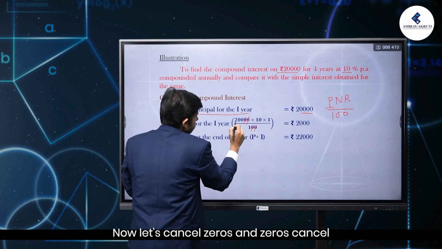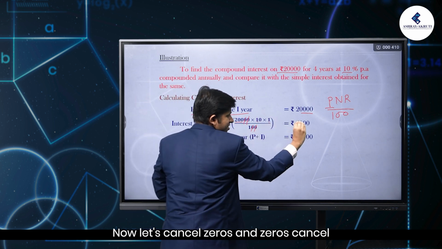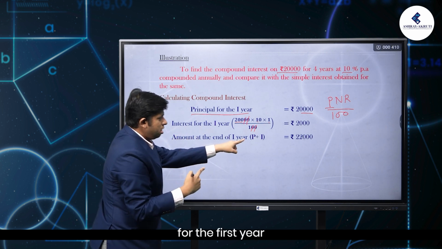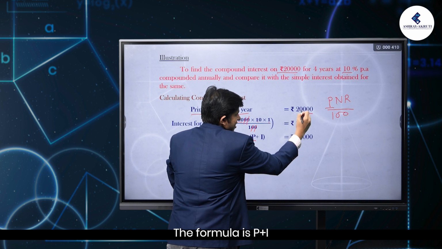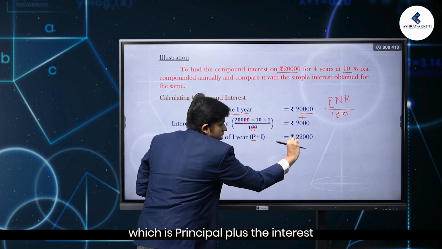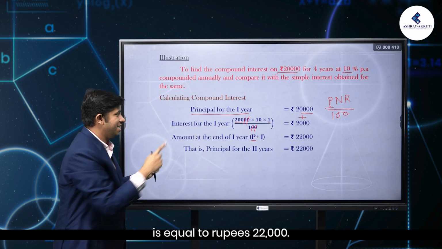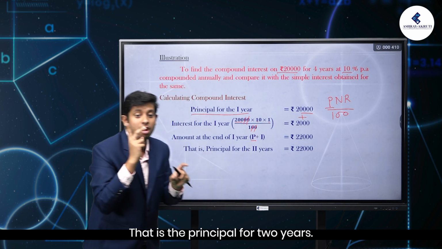Now let's cancel, zeros and zeros cancel. The final value we have is rupees 2,000, and that is the interest for the first year. And the amount at the end of the first year, the formula is P plus I, which is principal plus the interest of the first year, equal to rupees 22,000. That is the principal for 2 years.